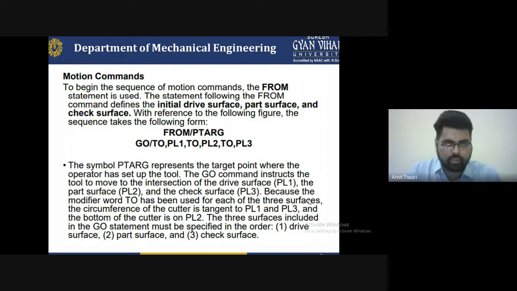With reference to the following figure, the sequence steps are as follows. So if anybody wants to initialize the surface quality, or the checking quality, the FROM statement is shown in the figure, with different terms which we don't understand.